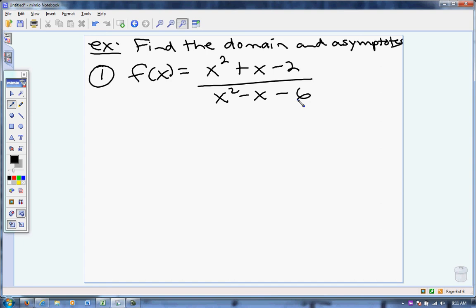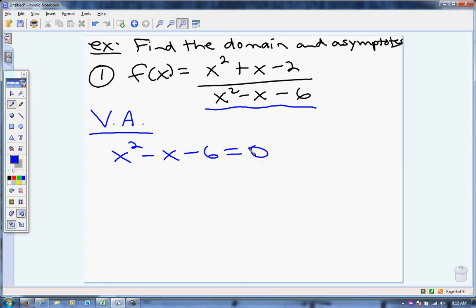And you're supposed to find where the asymptotes are, and we need to talk about the domain. Well, we can just start finding the asymptotes, and that will kind of lead us to the domain. Remember how we find the vertical asymptotes. To find the vertical asymptotes, we set the denominator equal to 0. X squared minus x minus 6. We set that equal to 0, and we solve it. Looks to me like we're going to have two asymptotes on this one.